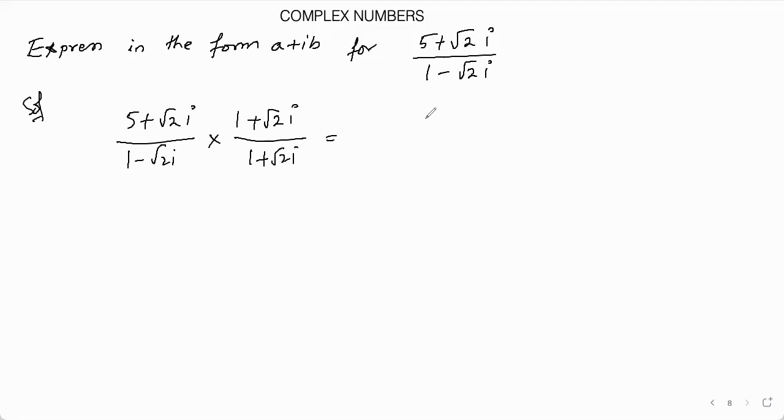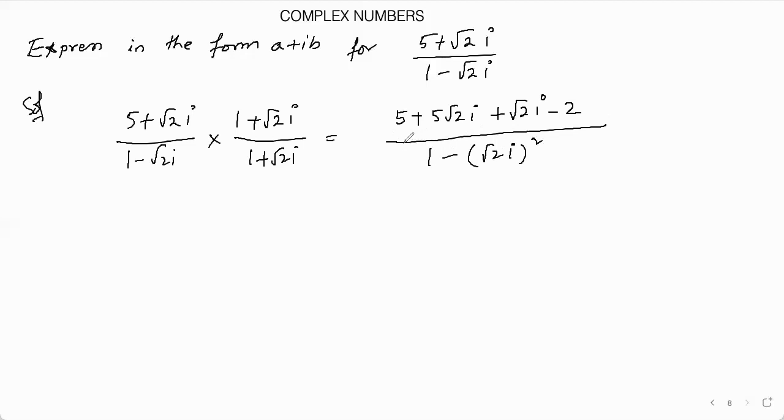So you get this as 5 plus 5 root 2i plus root 2i minus 2 divided by 1 minus root 2i whole square. Which, on further simplification, you would get as 1 plus 2 root 2i.